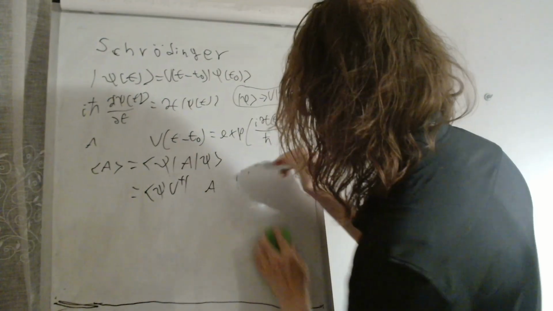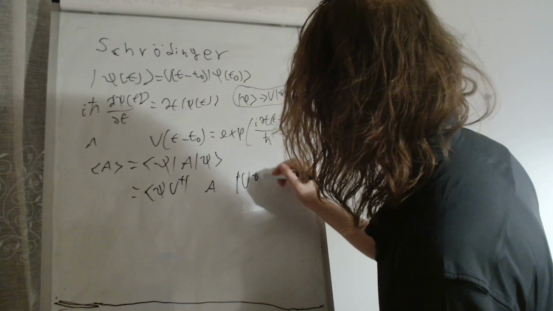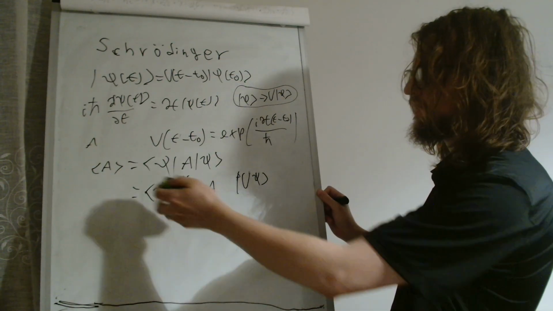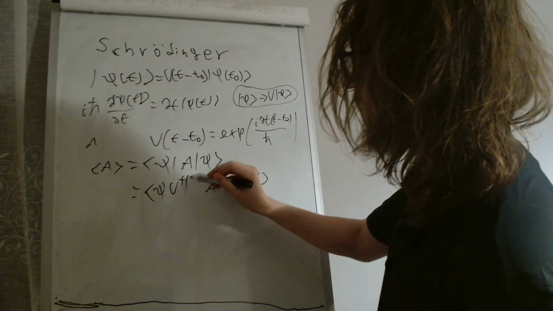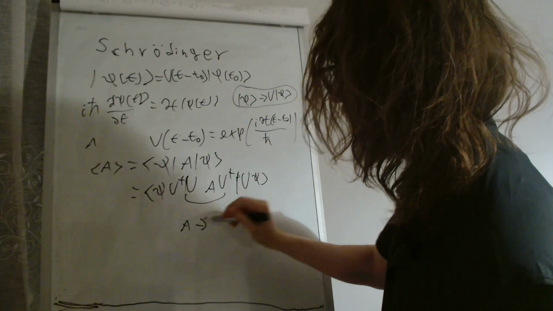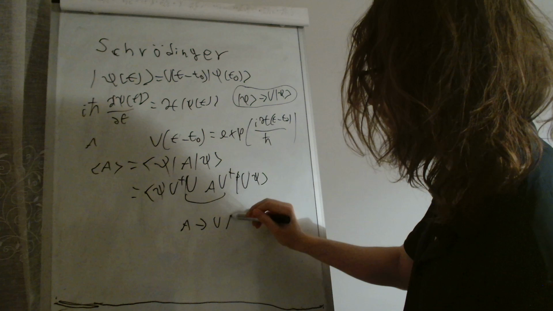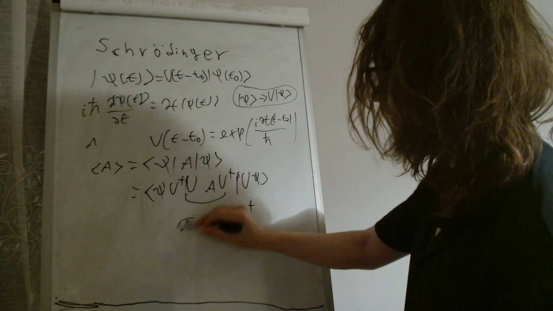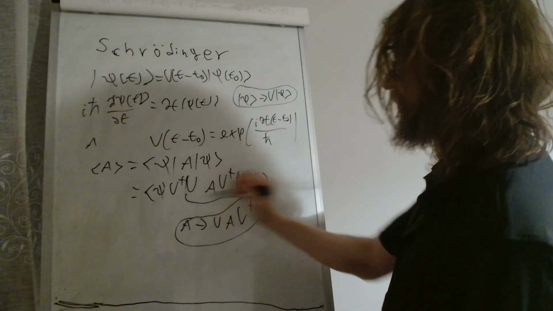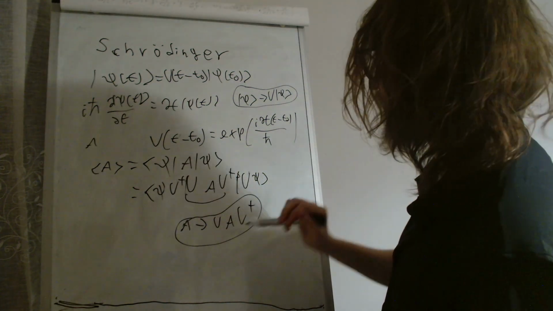In order for this product to remain the same, we must also send the observable A to u A u dagger, because u dagger u is the identity, so this product will be equal to this product.